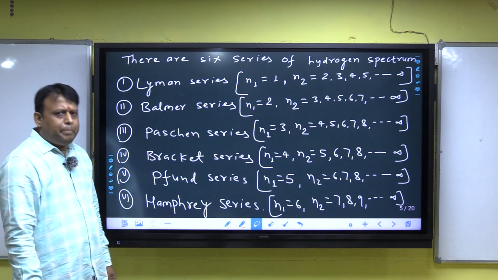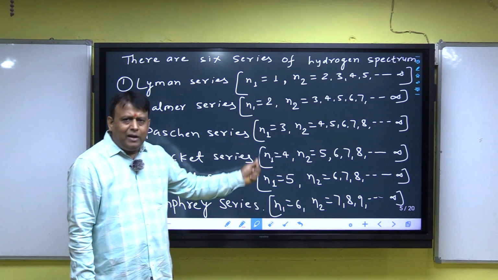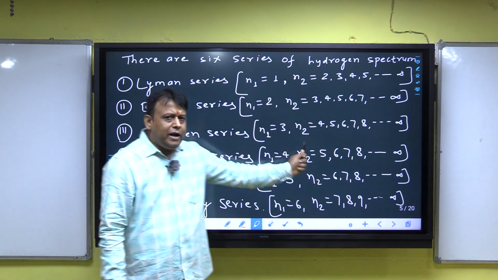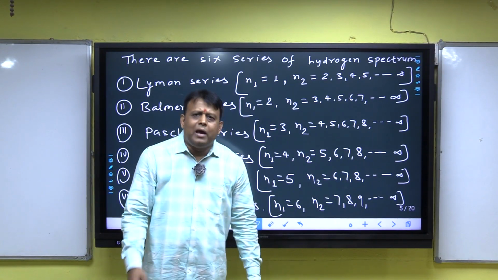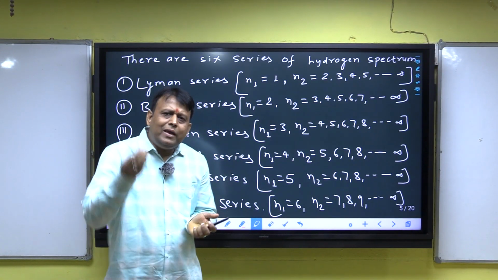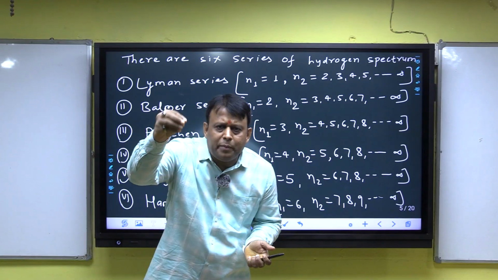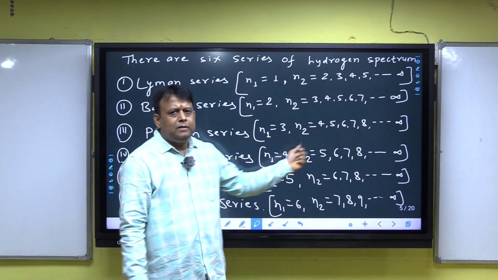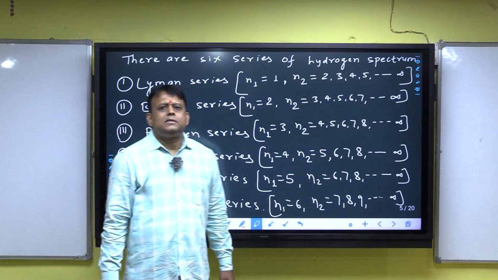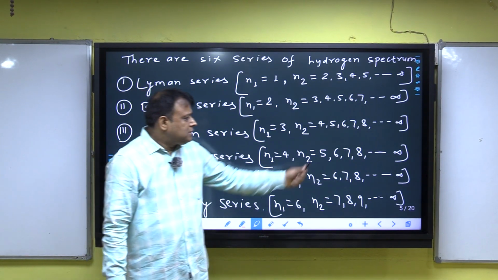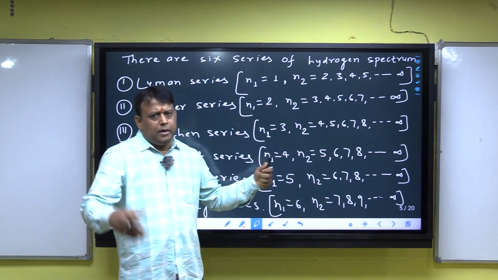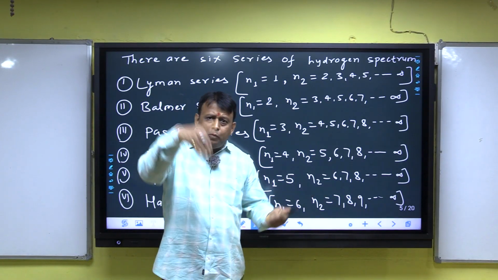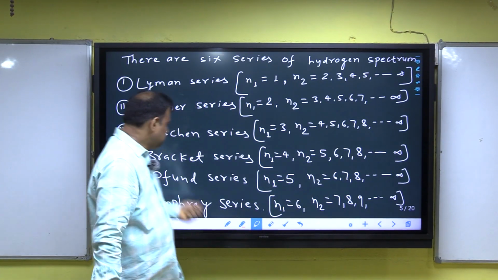Fourth series, Brackett: N1 is equal to 4, N2 is equal to 5, 6, 7. When an electron falls from fifth to fourth, the name of the series is Brackett. Seventh orbit to fourth orbit, Brackett. Infinite to fourth orbit, Brackett.